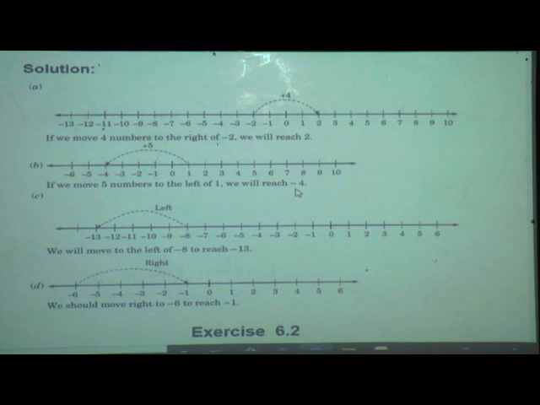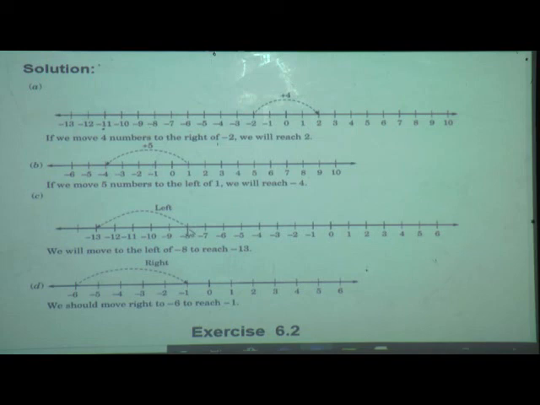Okay. Next one. We will move to the left of -8 to reach -13. Okay students, this is a different type of question. See here the number line is given and we have positive integers towards right and negative integers towards left of 0. So the number is already given, we have marked the point -8.